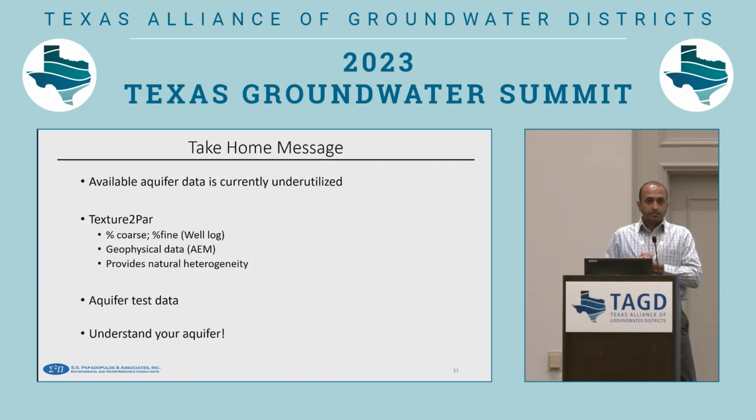Aquifer test data is great because that provides a model-independent means of calibration, at least to get you started, to narrow down the predictive uncertainty, to improve your predictive capabilities of the model once you have reliable and more meaningful parameters in the model. So the take-home message is understand your aquifer.